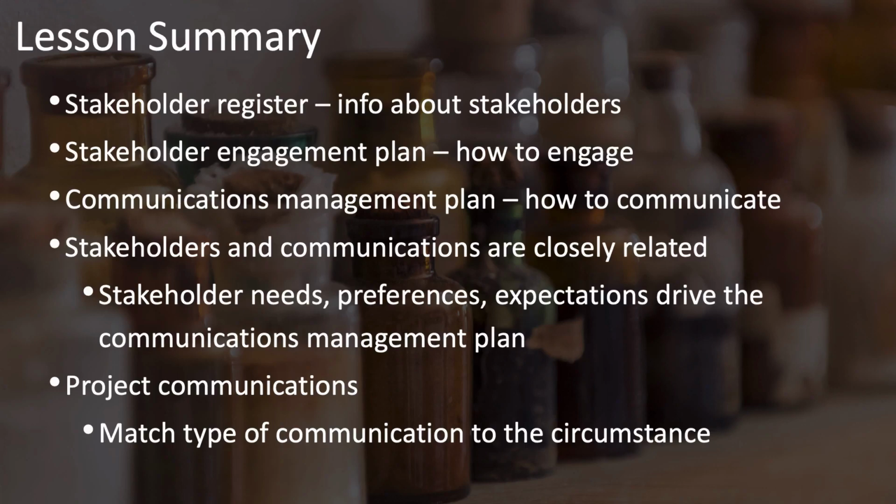The stakeholder engagement plan and the communications plan are very closely related because you need to consider stakeholder needs and preferences and their expectations, and that will drive the needs in your communication management plan. And finally, project communications, which are all of those communications that happen during the execution of the project, which need to be tailored so that the type of communication matches the circumstances and needs of your project.